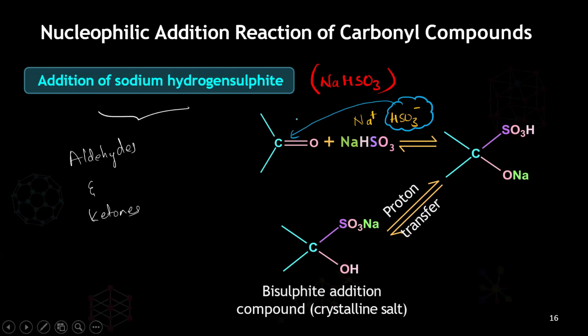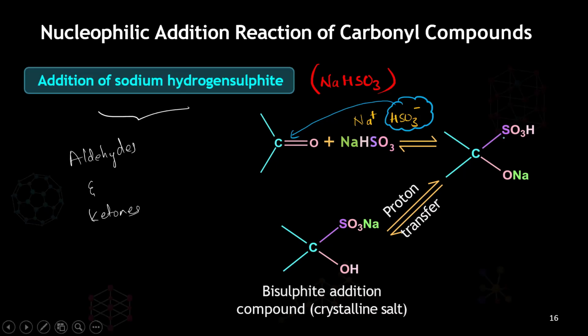In the initial addition, the nucleophile HSO3- ion will attack the electrophilic carbonyl carbon. That results in formation of a bond between the carbon and sulfur. Just remember this. The bond formation will happen between the sulfur and carbon. And whatever the double bond is there is converted into a single bond.